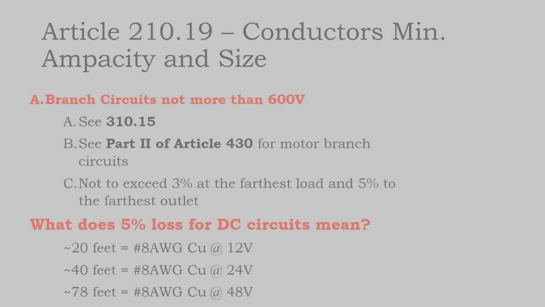We can see references later in the code for sizing, and for motor circuits. And then we see a voltage drop requirement that says voltage drop should not exceed 3% at the furthest load or 5% to the furthest outlet.